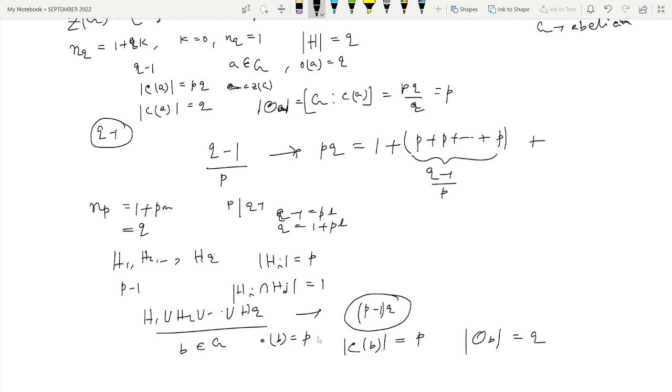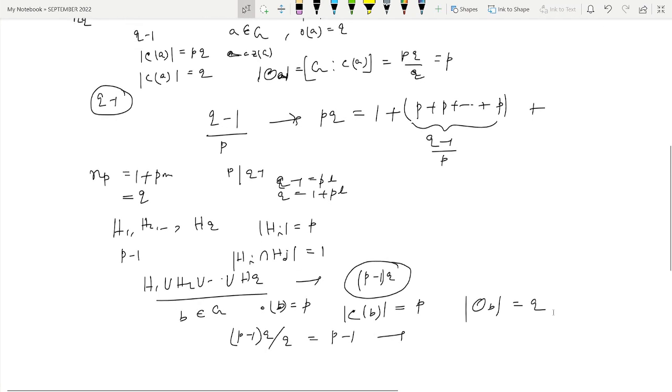So to contain all the elements of order P, we need (P minus 1) into Q in total, and one orbit contains Q elements. So these are the total number of orbits which contain the elements of order P. So we have here the orbits, Q plus all such orbits are of order Q, and there are such P minus 1 orbits.